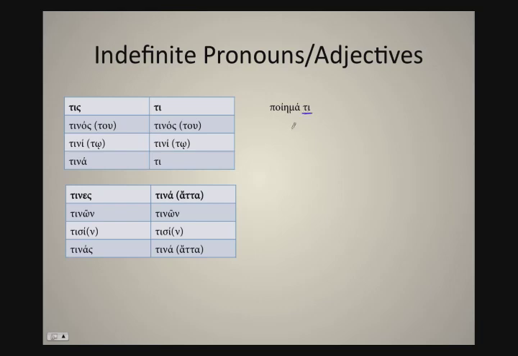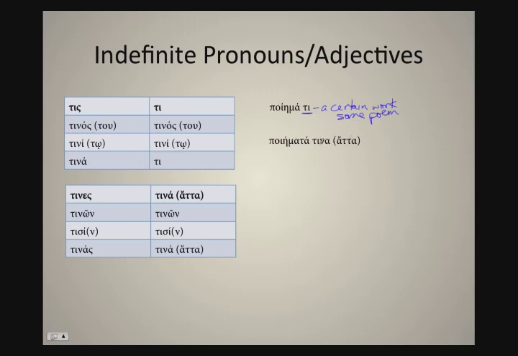There's no accent on the pronoun here, or the adjective in this case, and so we have a certain poem, or a certain work, or some poem. Poiēmati, poiēma being neuter. And notice, generally, you're not going to have an article. You're not going to have tō poiēmati. That would be very odd.